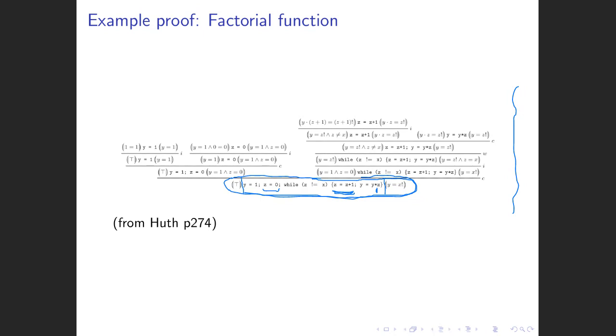And then the postcondition was that we will have put into y the factorial of x. Good. So this is a proof that this program, if it terminates, will end up with y being x factorial.